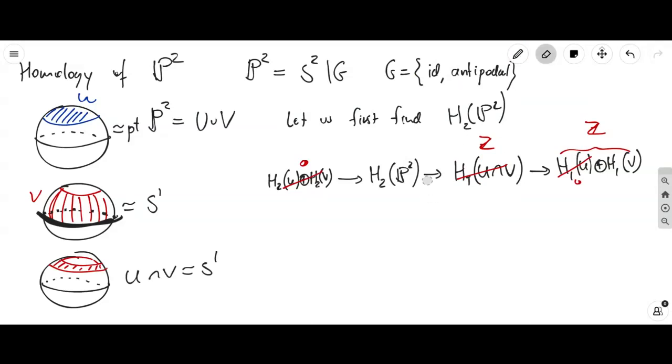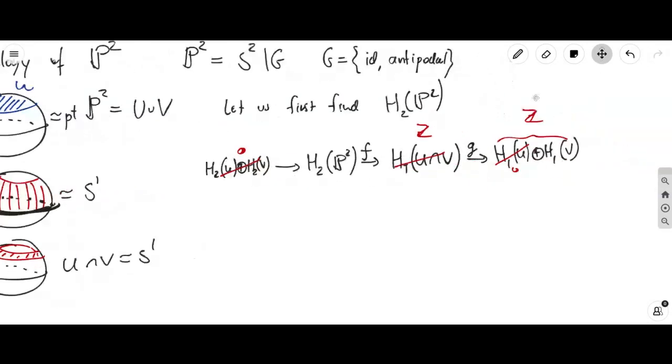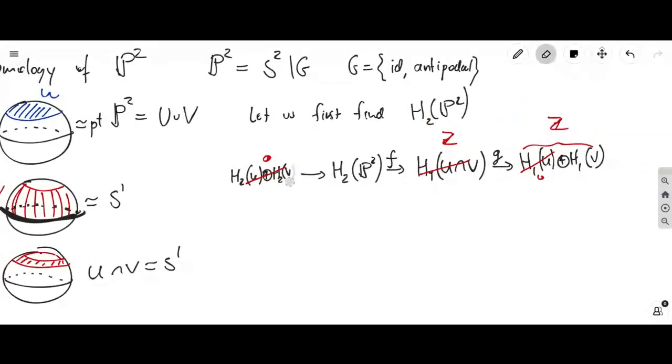Let's call this map F, and let's call this map G. FG, this map is clearly 0. So we have this exact sequence, and now here we actually need to understand what G is.